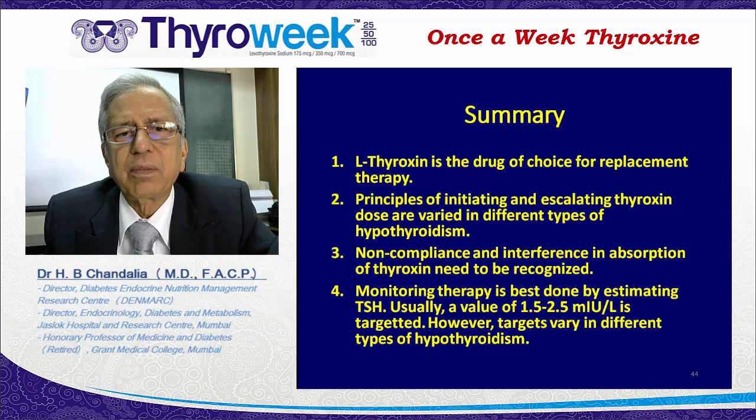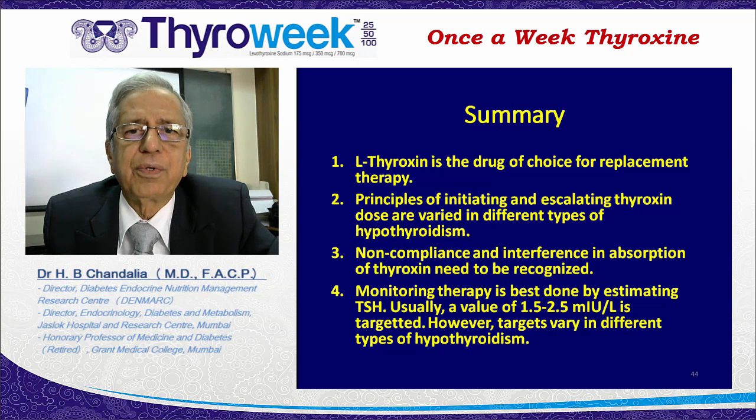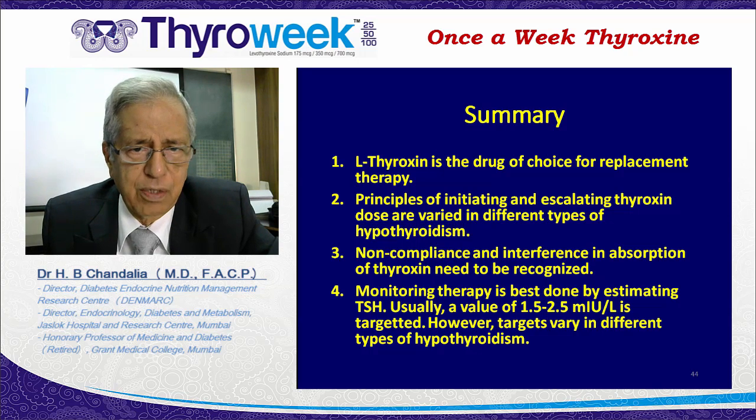So this part of the talk I can summarize by saying that when you want to replace a hypothyroid patient, thyroxine, that is T4, is the ideal. You should not truly use routinely triiodothyronine at all. Then you should initiate therapy as I described for you slowly and escalate the dose slowly.